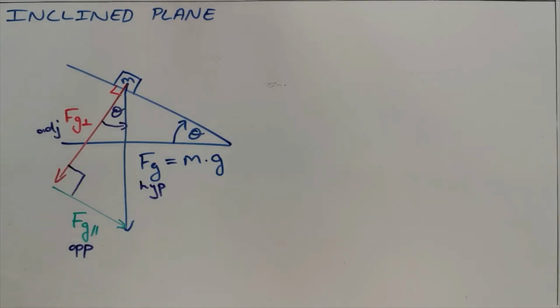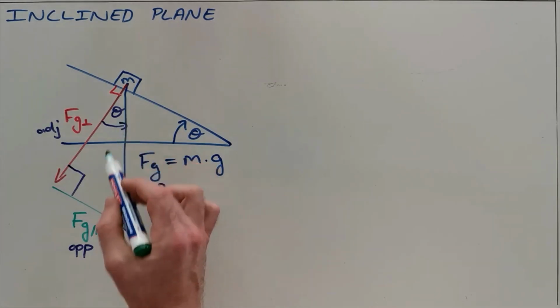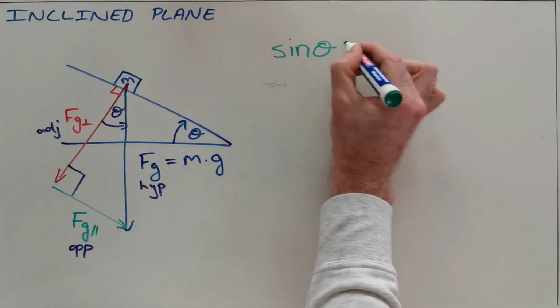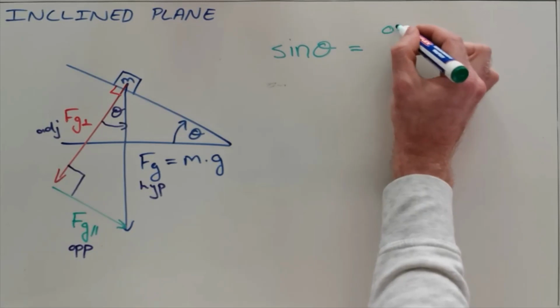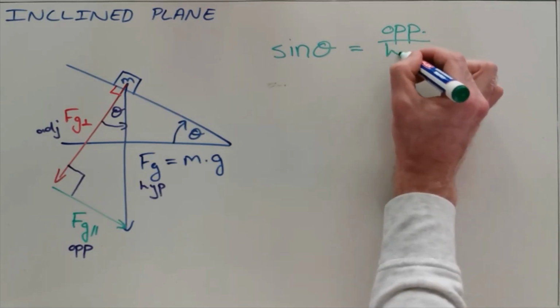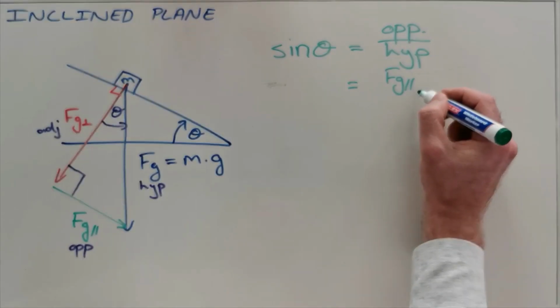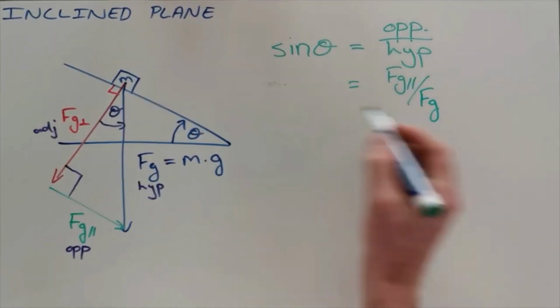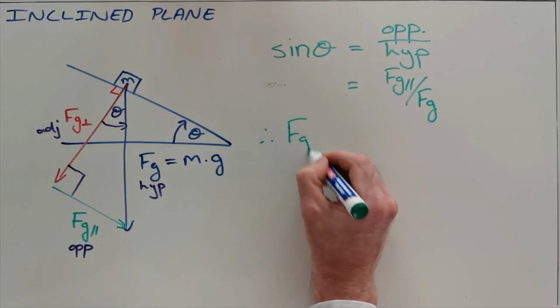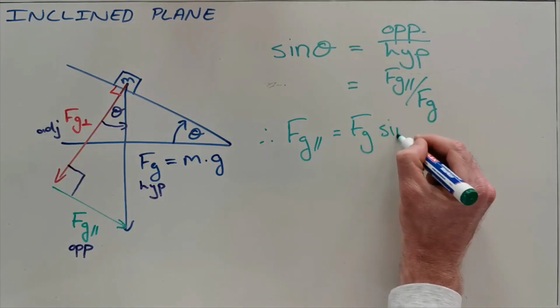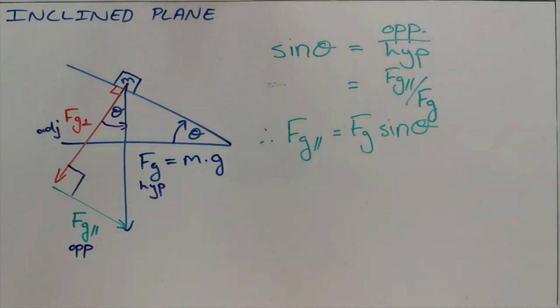So we can use trigonometry now to find out what the values of each of those components is. The opposite side is Fg parallel, and we know that sine of theta is equal to the opposite side of a triangle over the hypotenuse of that triangle, which in this case, the opposite being Fg parallel and the hypotenuse being Fg, can then be simplified to give us the formula Fg parallel is equal to the force of gravity multiplied by sine of that incline.